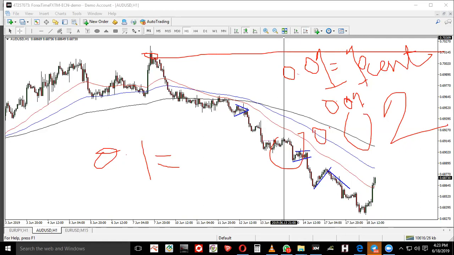Now everything you see here are the prices of this currency pair. Then these three here are the currency pairs. You can add more, you understand? And this here is the date.